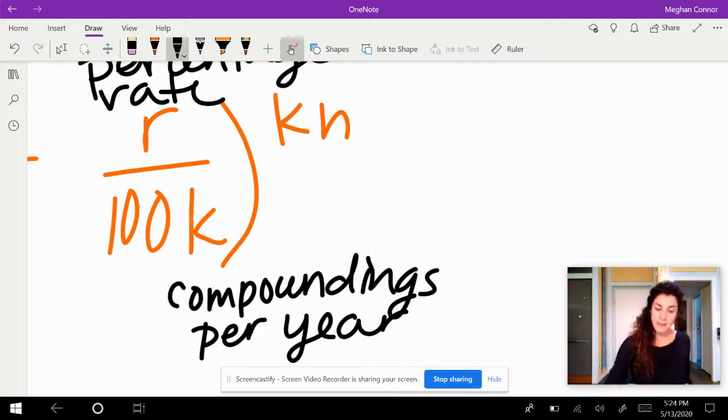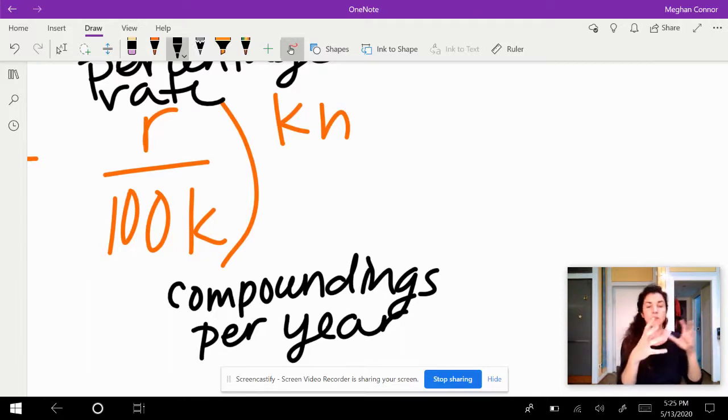You see K pops up again in your exponent. It's because not only are you taking into consideration how many times you're taking this percentage, you're also taking into consideration how many times you're putting this number back into the situation per year. And that's what a compounding is: you take a percentage of a number and you add it back in.